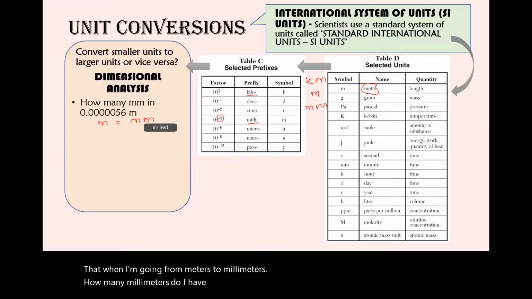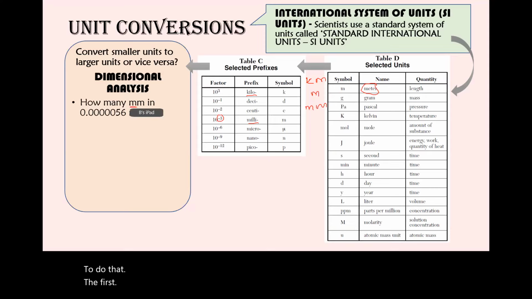Or how many meters do I have in a millimeter? To do that, let me erase this and start with the first step, which is an easier way to write your conversion factor. You look at the prefix that you see in this case. Our prefix is milli. You look at your prefix table and you see that milli is 10 to the power of -3.